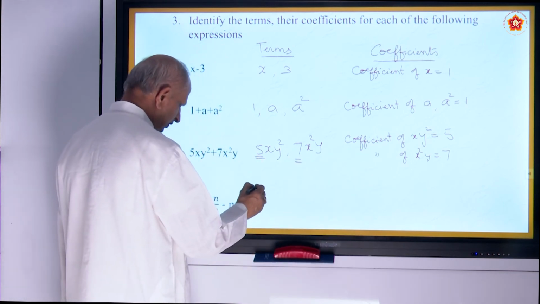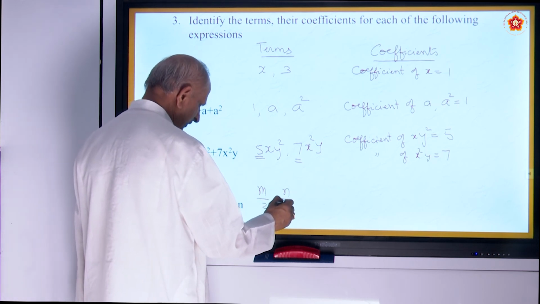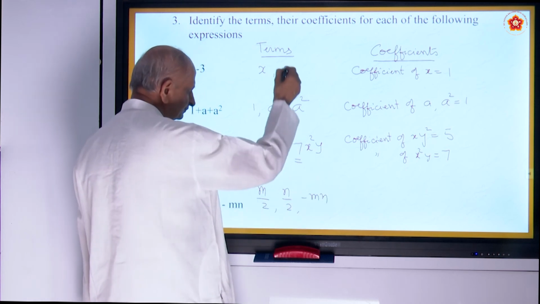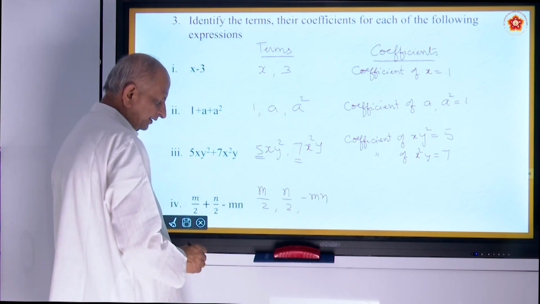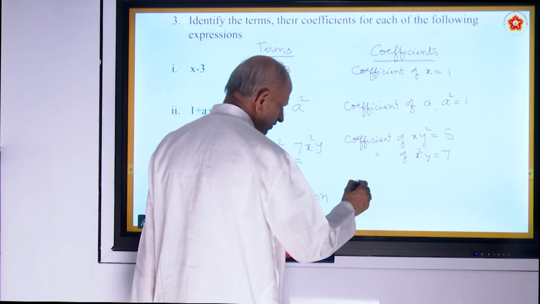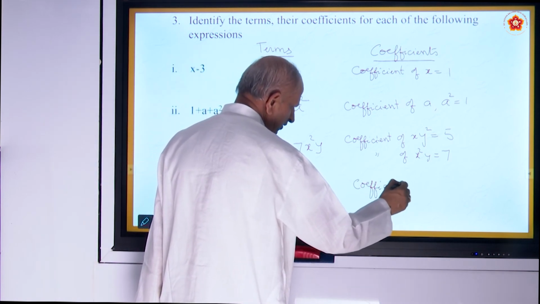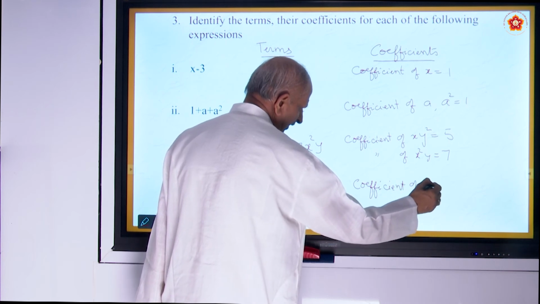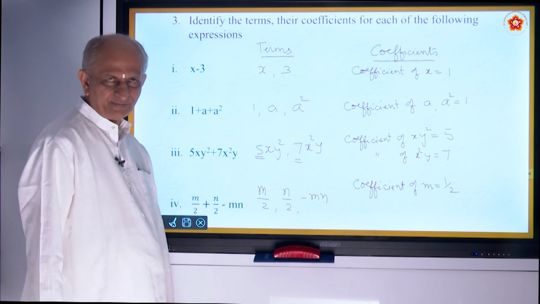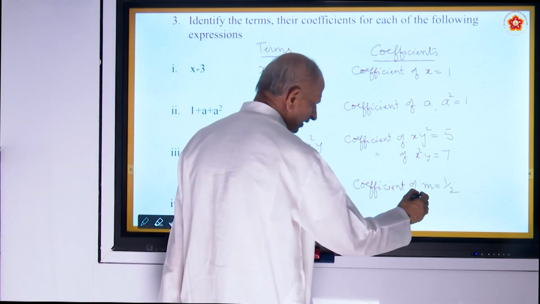Coming to the next question, the terms are m by 2, n by 2, minus mn. They are the terms. There are 3 terms here. Now what is the coefficient of m? Half, correct? By 2 means what? Half. M is multiplied by half, and coefficient of n also is half.